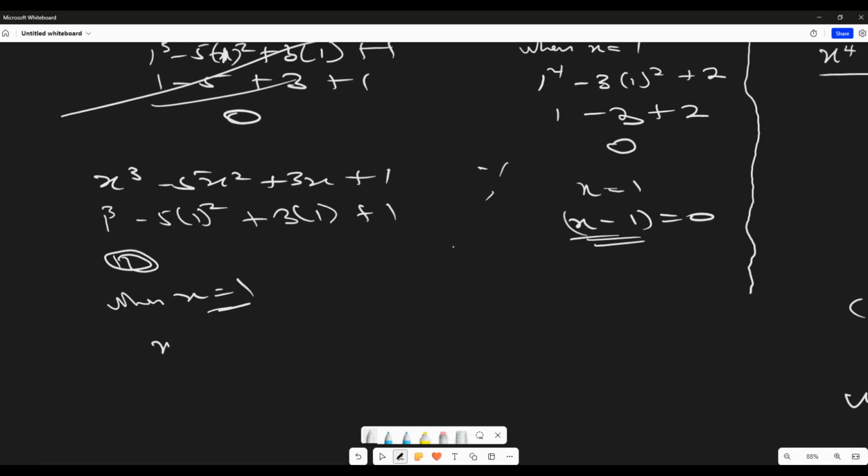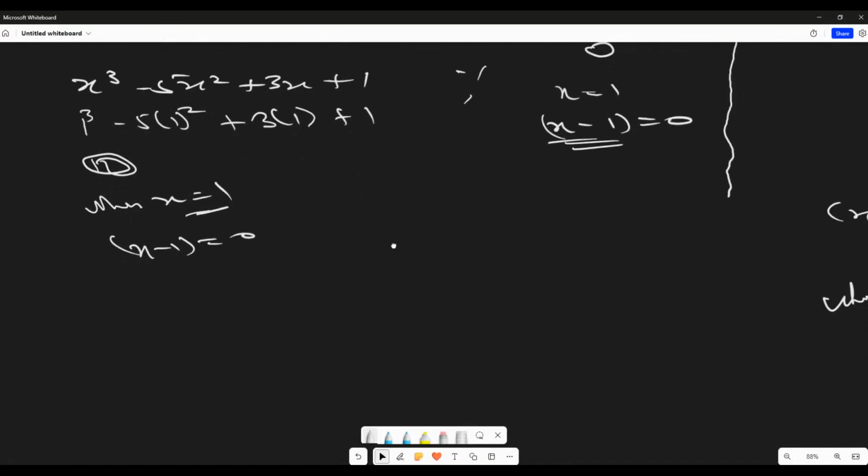So it means x minus 1 is really a factor. We are going to perform long division by x minus 1. So x minus 1 is going to divide the expression x cubed minus 5x squared plus 3x plus 1.